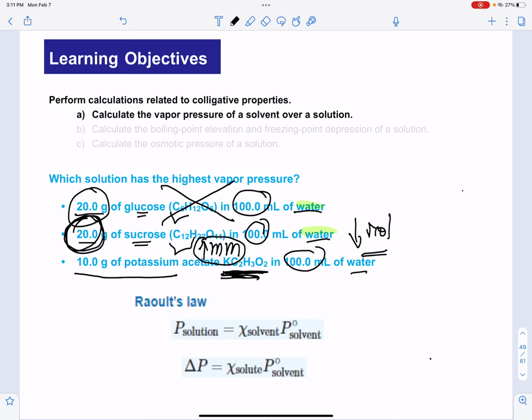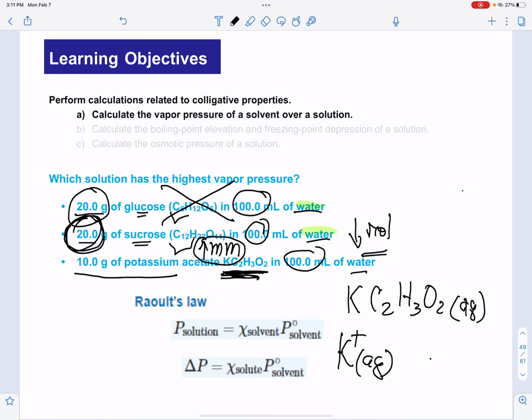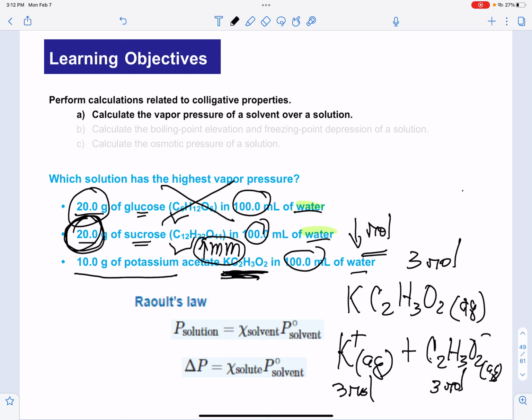However, we're talking about potassium acetate, aqueous. You're going to dissolve it in water, right? Which means that potassium aqueous plus the acetate aqueous. So if this happens to be 3 moles, you're going to have 3 moles of this and 3 moles of this.